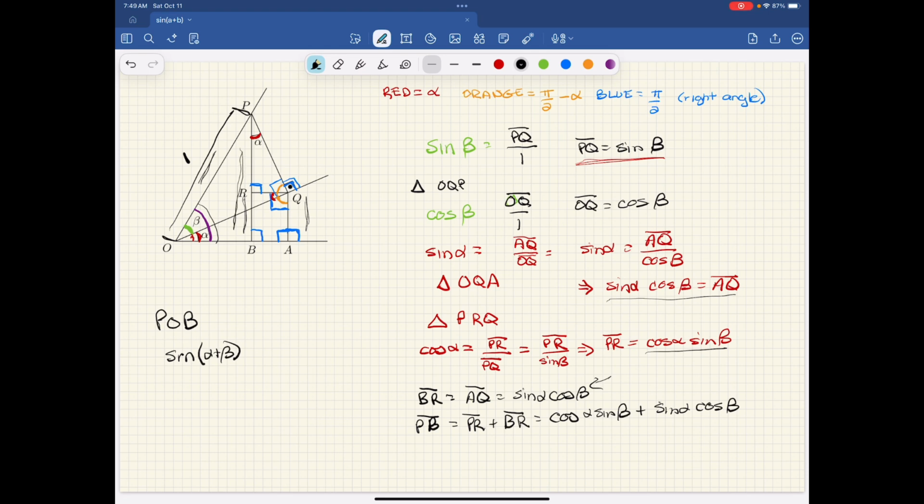This is right here, which we know to equal sine alpha cosine beta plus cosine alpha sine beta all over 1, which leads us to our final conclusion, what we were trying to prove, that sine of alpha plus beta equals sine alpha cosine beta plus cosine alpha sine beta.